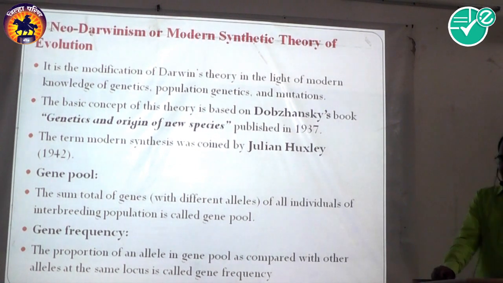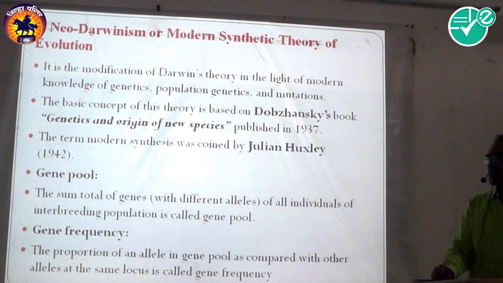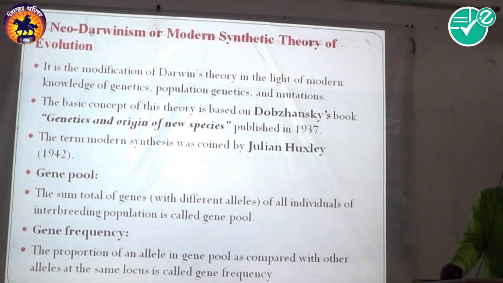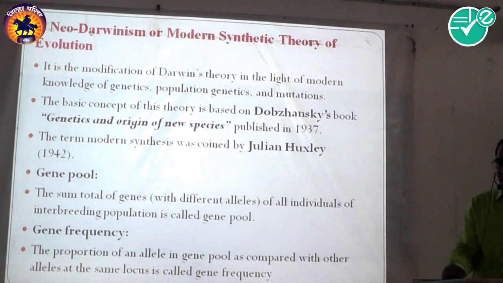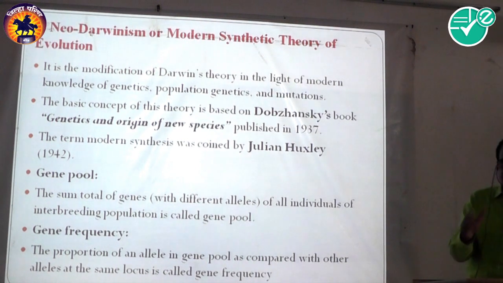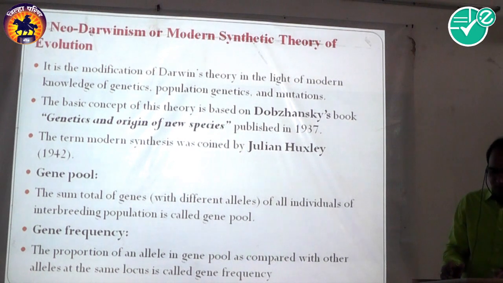In this theory, a group of organisms of the same species living in a geographical area at a particular time is known as a population.